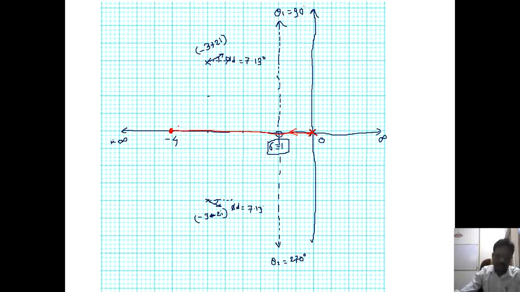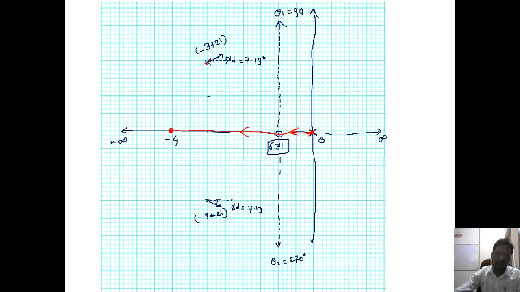So don't show the arrow at the end point of root locus, because this root locus will end on this 0. Okay, so at the middle you can show arrow, but at end point don't show the arrow. It means that root locus is starting from this point and ends on this 0.